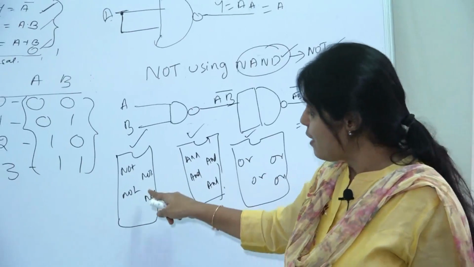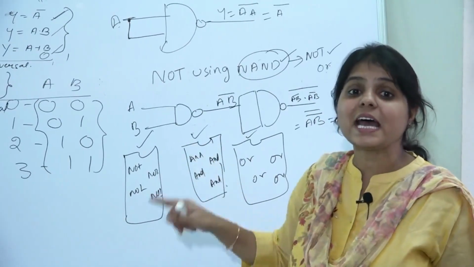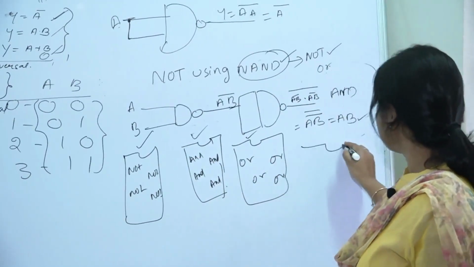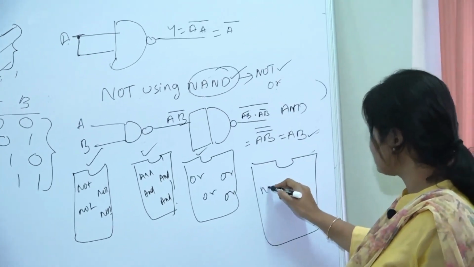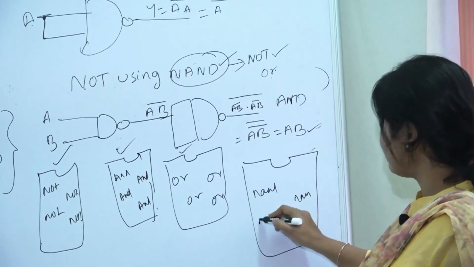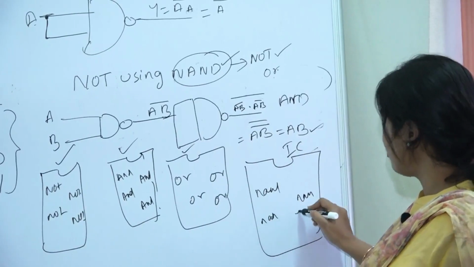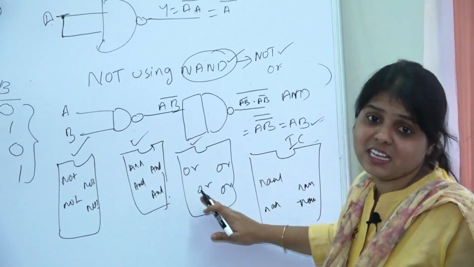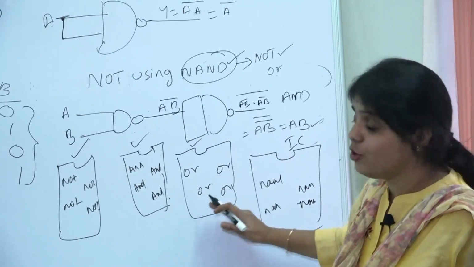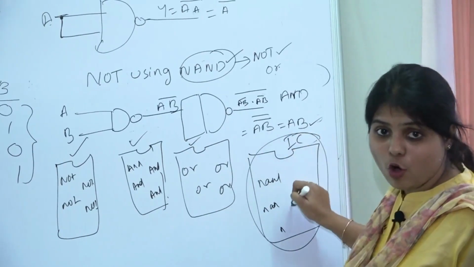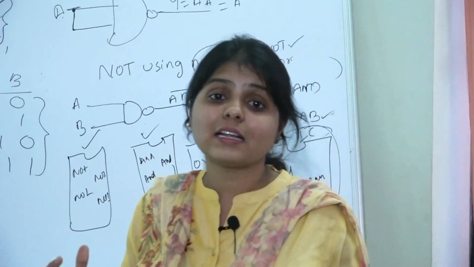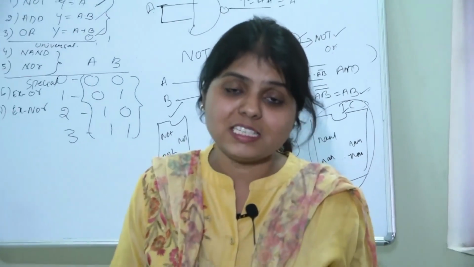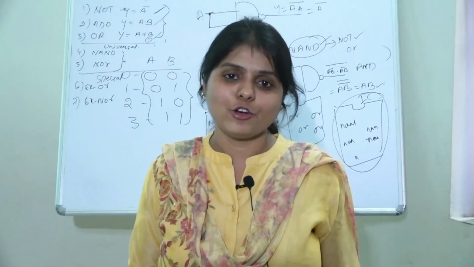But if I have all these operations using NAND, then I will need only one IC which has 4 NAND gates. So instead of using 3 different ICs for designing my logic circuit, I will use only one IC, because NAND and NOR are used as universal gates with which we can design any logic gate.